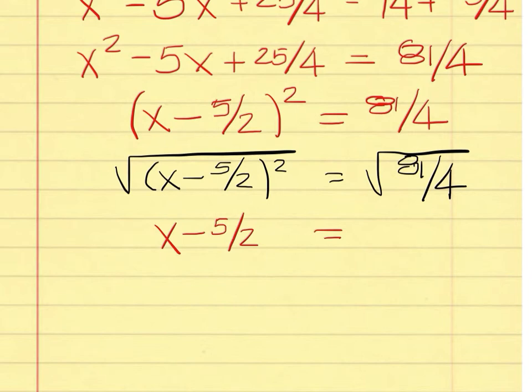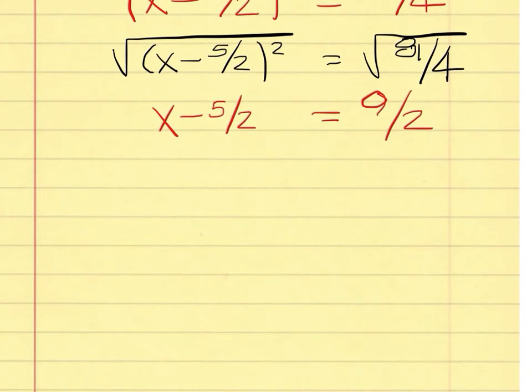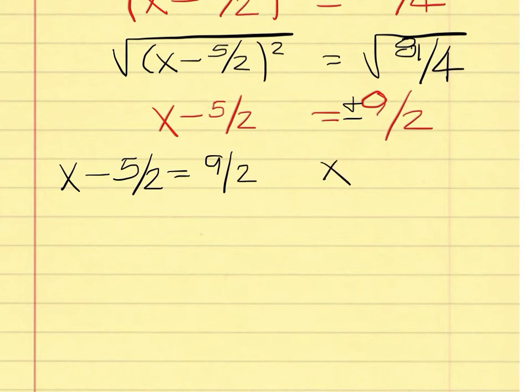What is the square root of 81? 9, and the square root of 4? 2. So I now have two problems I need to do. X minus 5/2 equals plus or minus 9/2. X minus 5/2 equals 9/2, and x minus 5/2 equals negative 9/2.